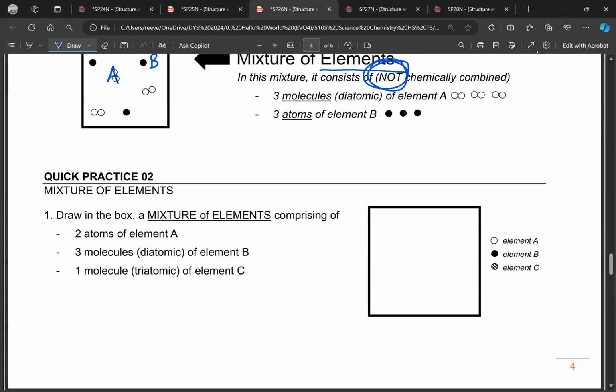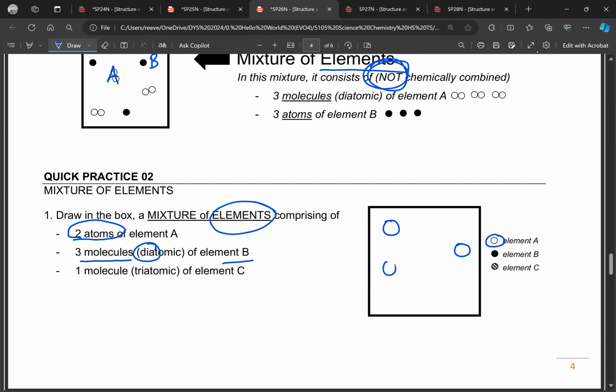So now in this question, I want you to draw a mixture of elements with two atoms of A. A is white color, so just draw two atoms. Molecule for B, and it's diatomic.